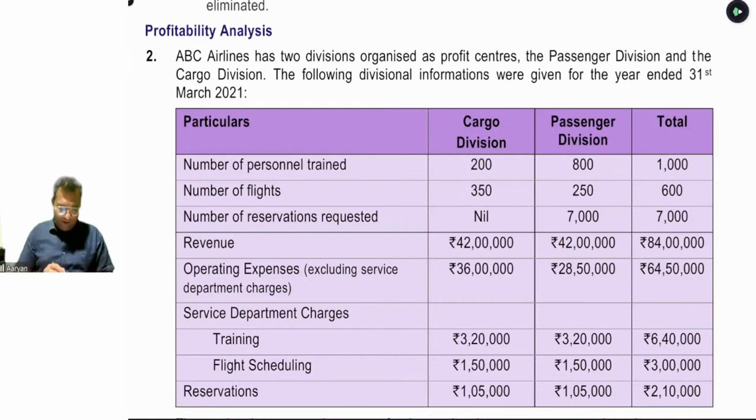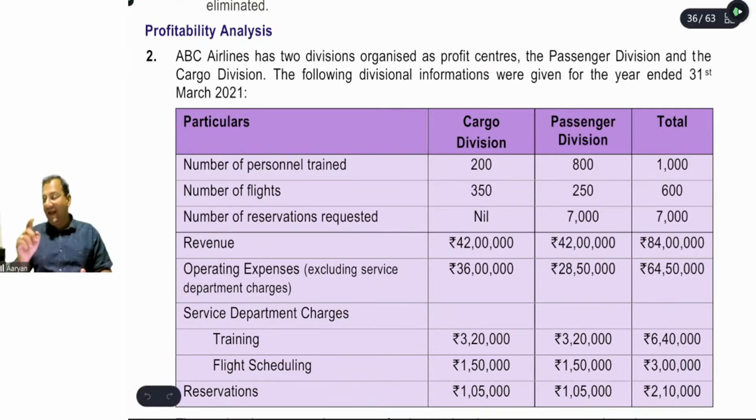Okay, beta, चलिए start करते हैं. ABC Airlines has two departments organized as profit center, the passenger division and the cargo division. So the name of the company is ABC Limited. They're having two departments and the departments are regarded as profit center.